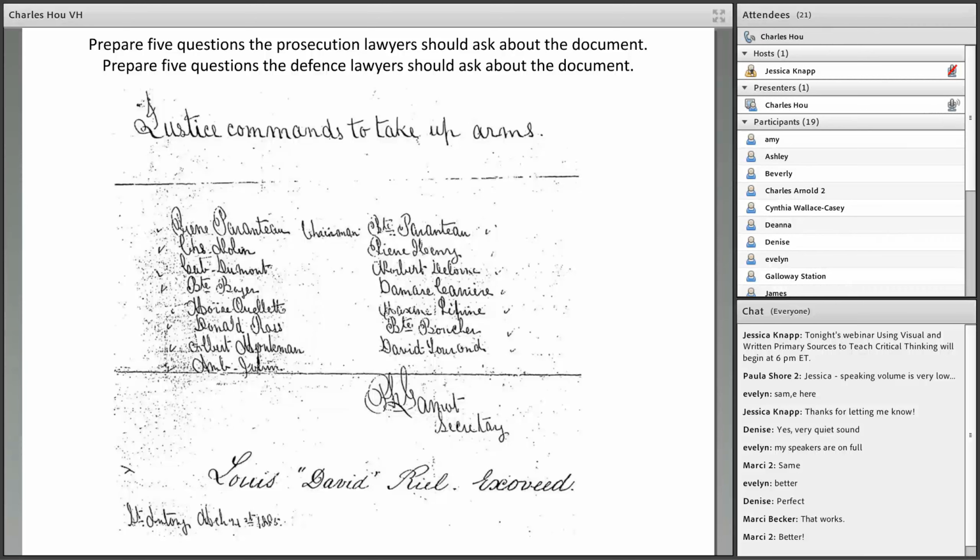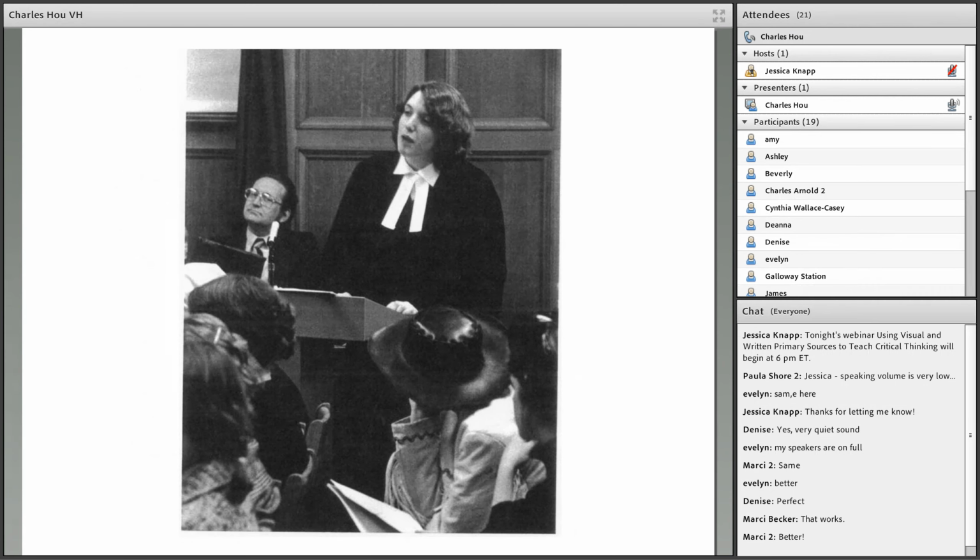Louis David Riel, ex-ovide. Well, it means one of the flock. So he wasn't the leader. He didn't consider himself that, unless you considered that he made up this document, so distant case. Why did he call himself David? Was it David and Goliath? Did he see taking on the Canadian government, something like that? Anyway, it's very interesting how you can interpret a document two different ways.